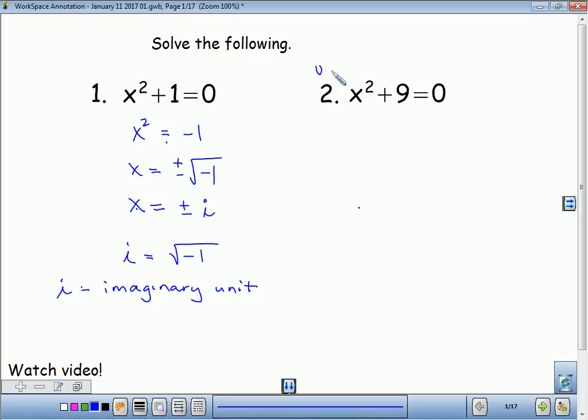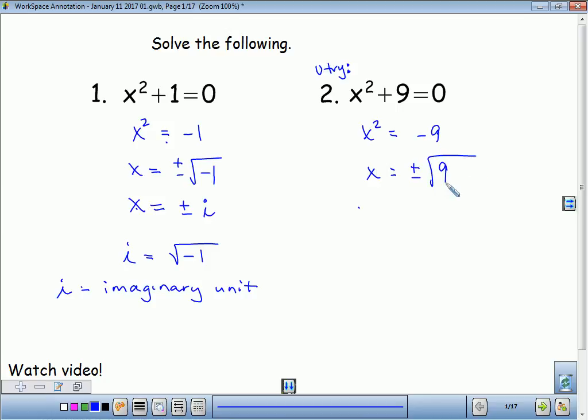Okay, now you try to solve number 2. Okay, so you got to here, and you wrote plus or minus square root of -9.